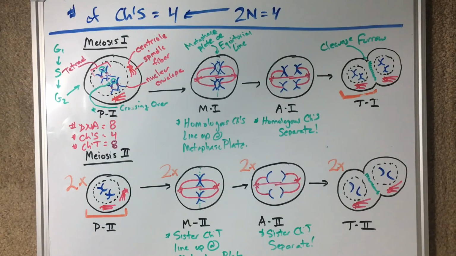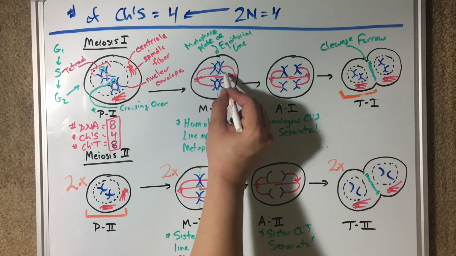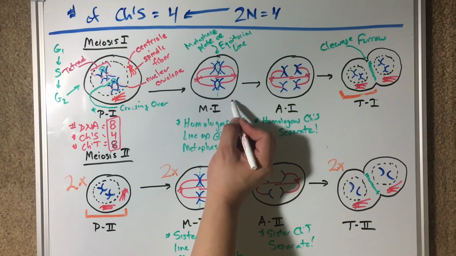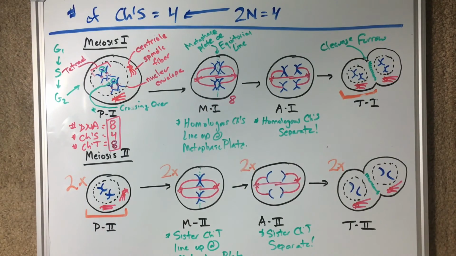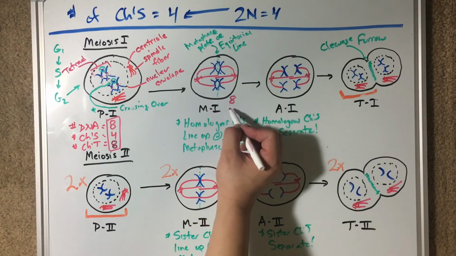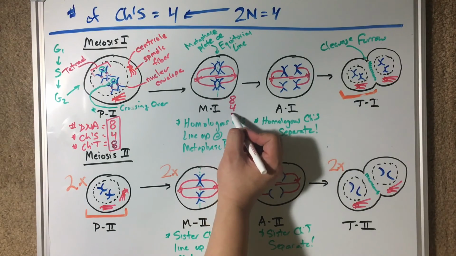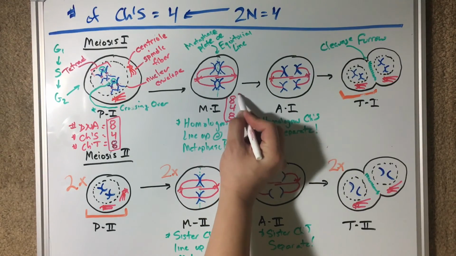Well, the number of DNA molecules we have here, 1, 2, 3, 4, 5, 6, 7, 8. So we have 8 DNA molecules. How about the chromosomes? Same thing. 1, 2, 3, 4 chromosomes, just like before. And chromatids, same thing. It's still 8.